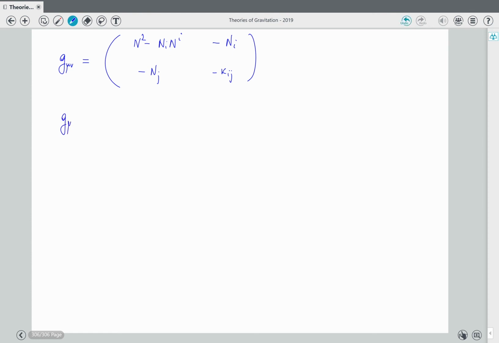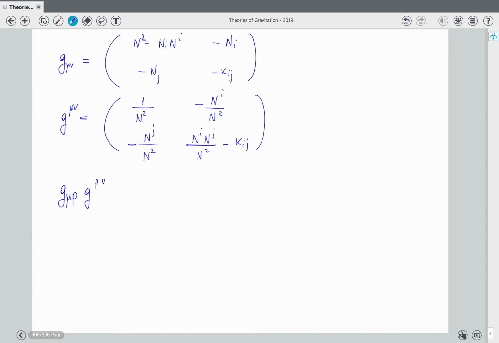The inverse is equal to 1 over N squared, minus N^i divided by N squared, minus N^j divided by N squared, and then here you have N^i N^j divided by N squared minus κ^{ij}. Don't know if we have time to do it. If not, you will continue.